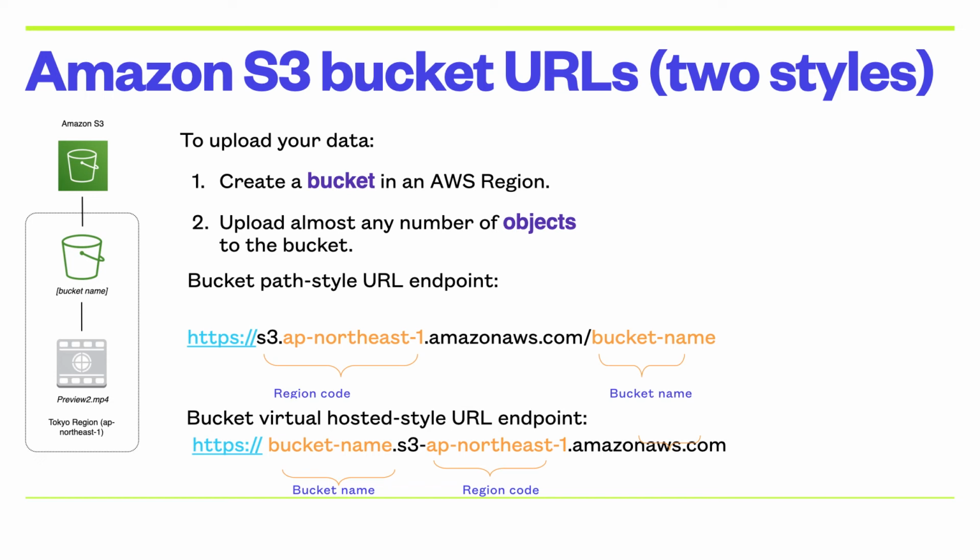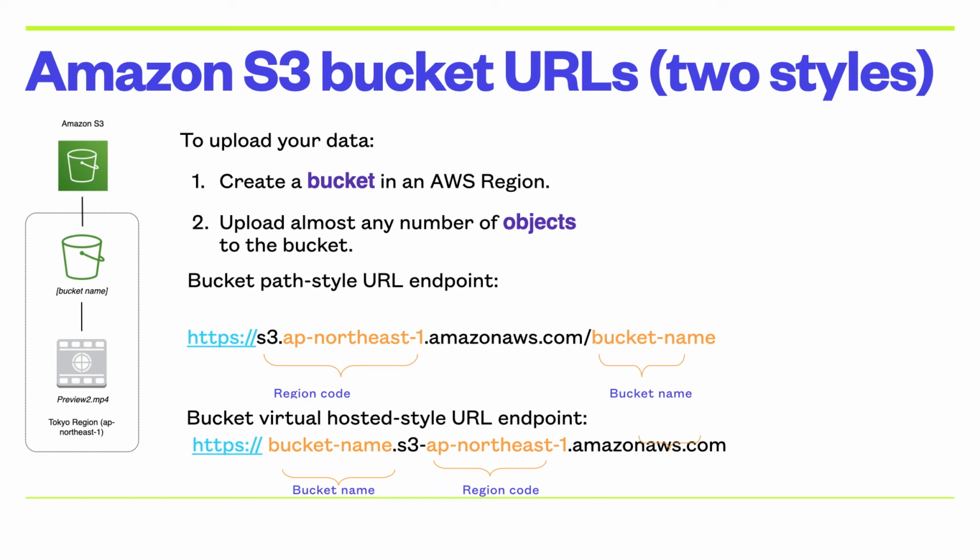To upload your data into the bucket, such as photos or files, once you create a bucket in an AWS region, you can use the web interface to upload almost any number of objects to that bucket. In the example above, Amazon S3 was used to create a bucket in the Tokyo region, which is identified within AWS formally by its region code, ap-northeast-1.